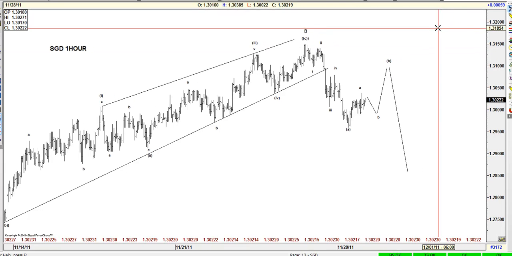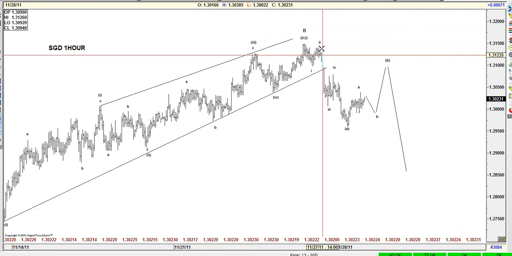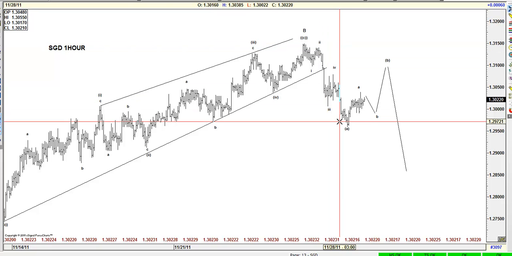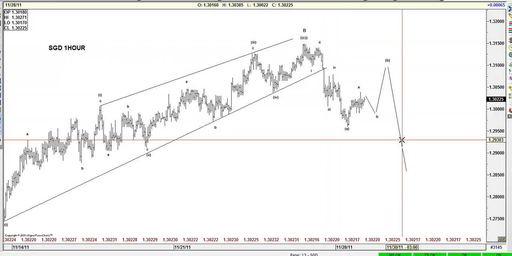But again, what I want you guys to see is that these 5 waves here in the Singapore dollar made the case for more US dollar weakness to come in the future.